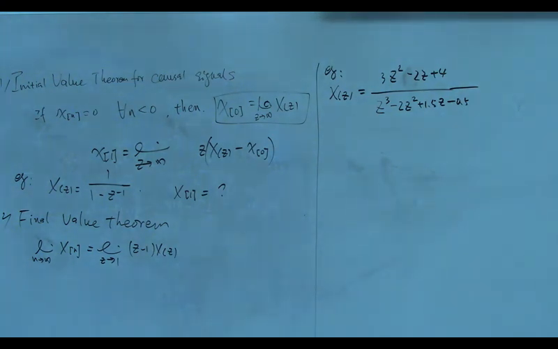This is the z transform of a time domain sequence xn. What I want is what is xn when n goes to infinity, the final value.